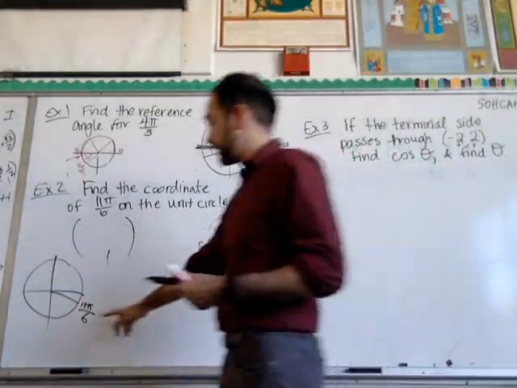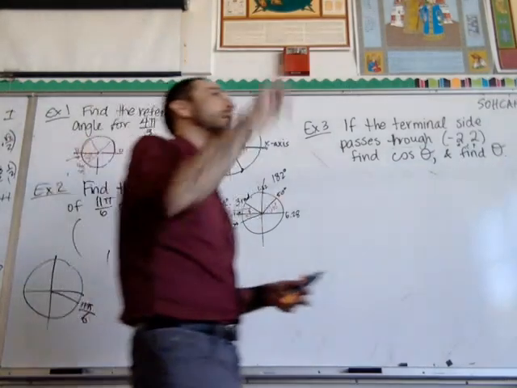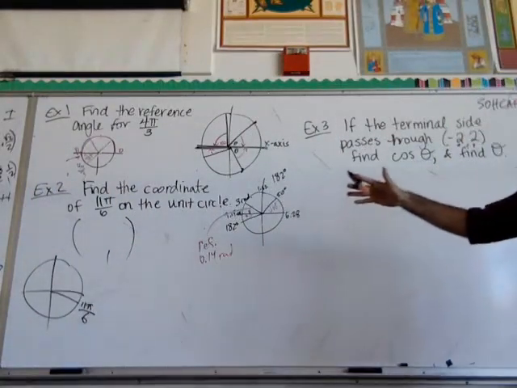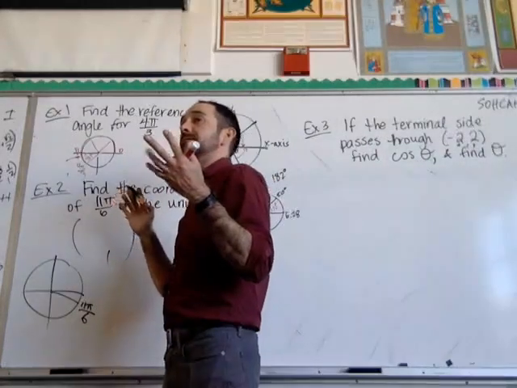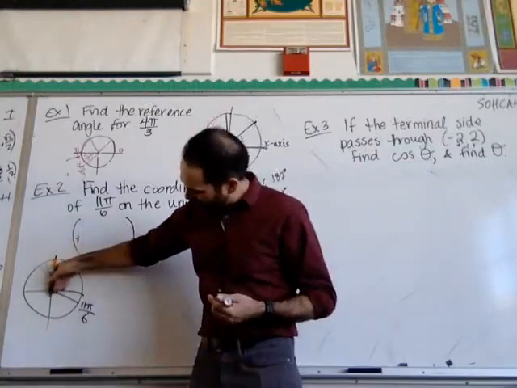I know it's over 6. Over 6, here are my 2 best friends I could use. This one's way bigger. Root 3/2 is 1.5 times bigger than 1/2. All right, we're just looking at the unit circle. What do we have? X is positive.